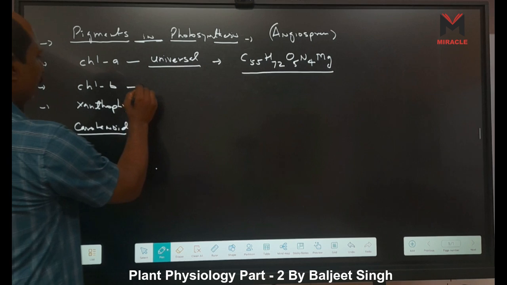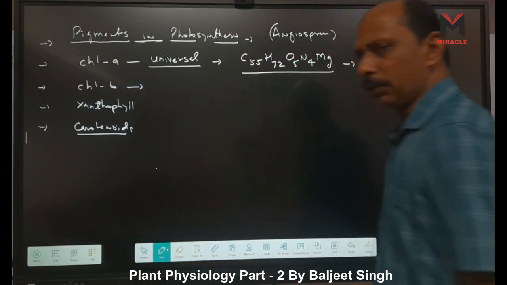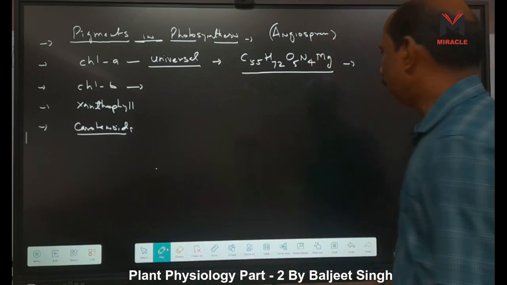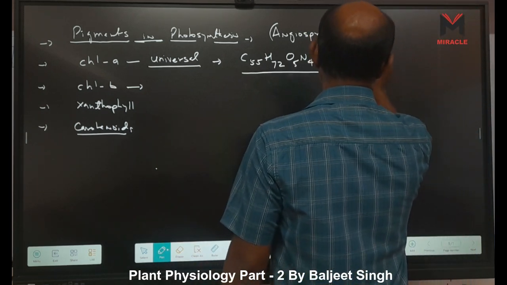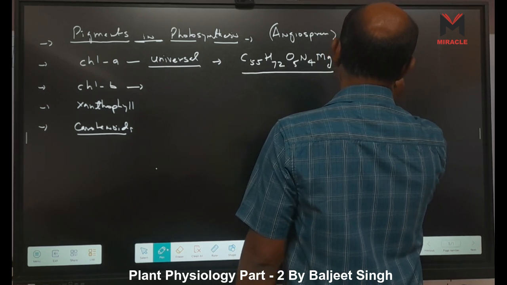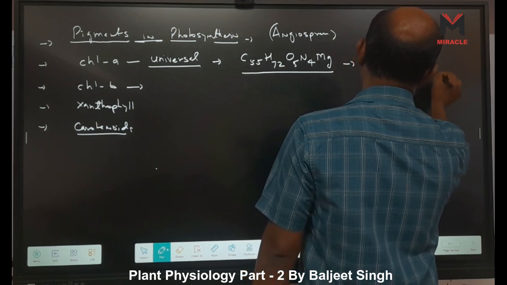Now chlorophyll B is there, right? Chlorophyll A is formed in the presence of sunlight through glycine or through glutamic acid, right?